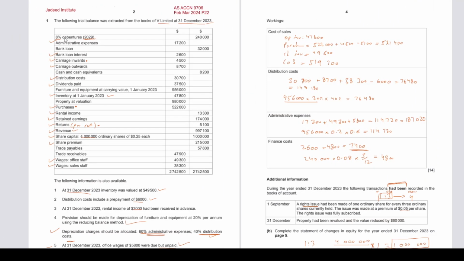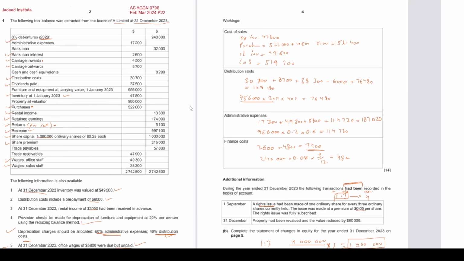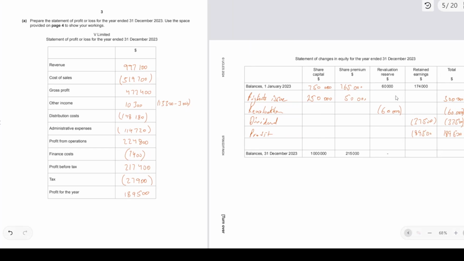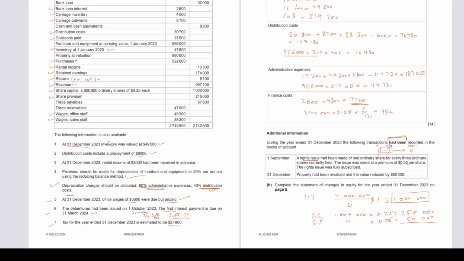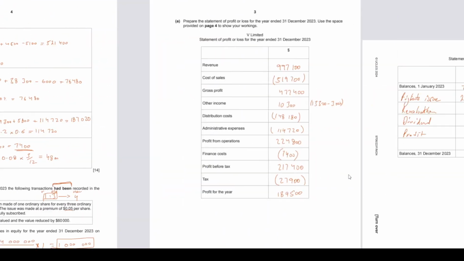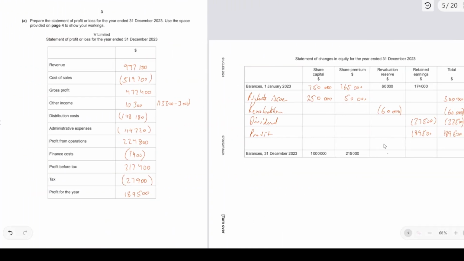Anything like that? Just want to get it right. Property at valuation 980, well, no, that doesn't matter. Any transfers taking place? No. Any information here? No. So we are safe to move, it seems.